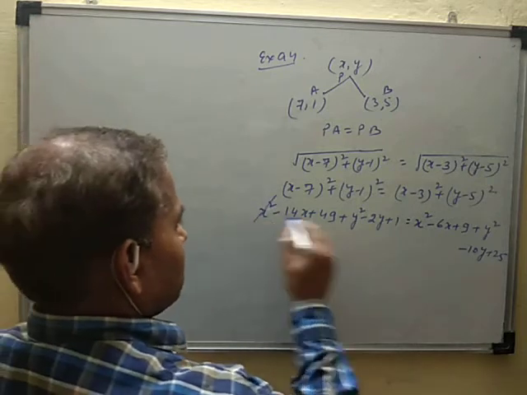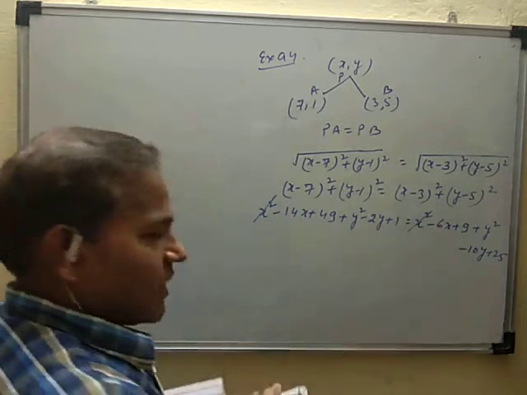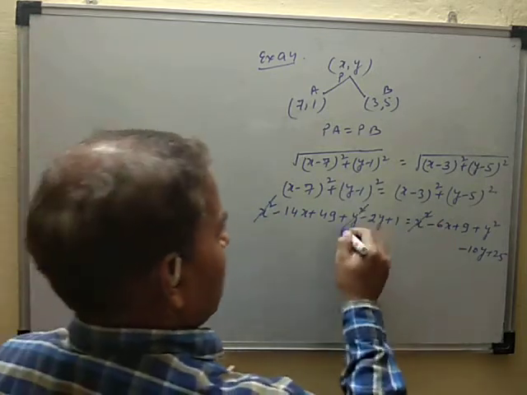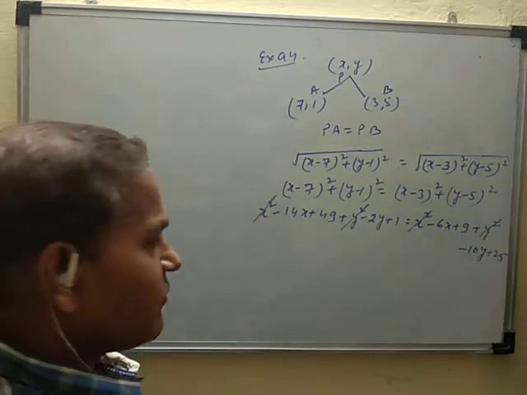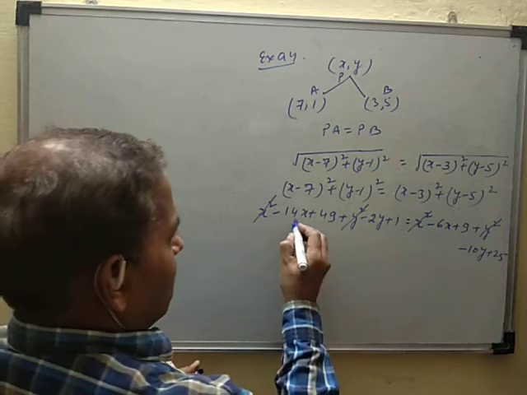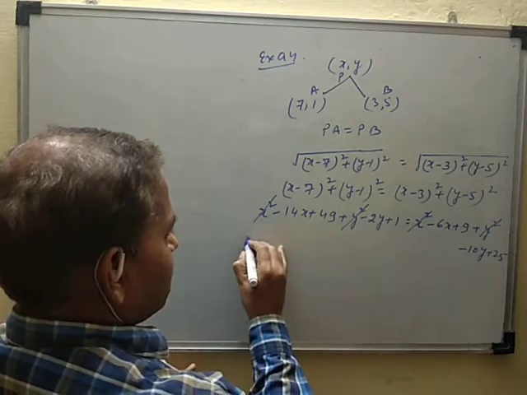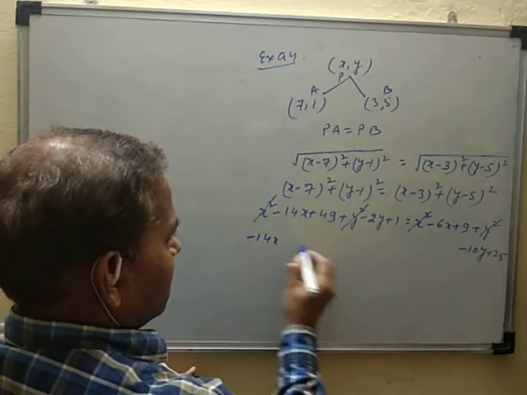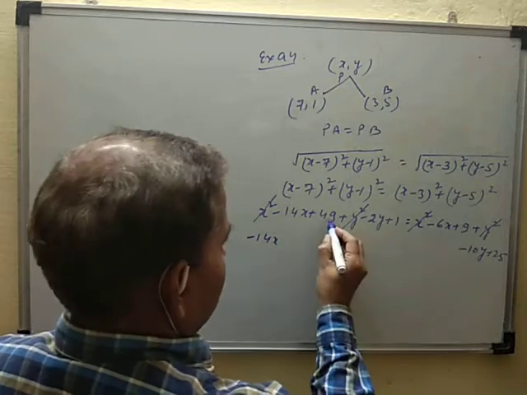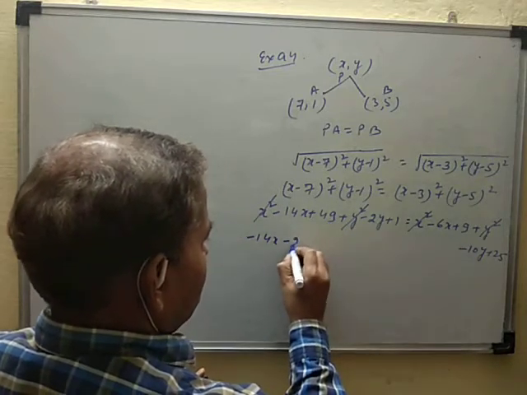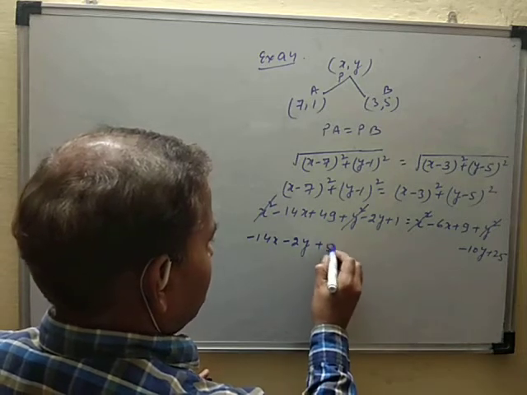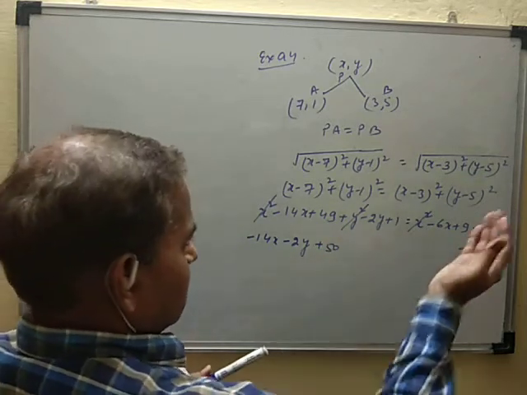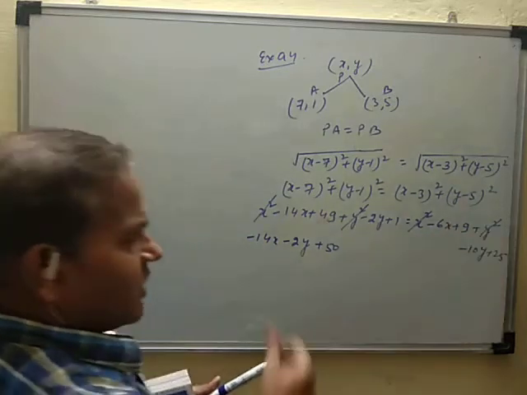Now x square on both sides cancels, and y square also cancels on both sides. Now simplify it. First write minus 14x, then minus 2y, then 49 plus 1 is 50. Take all these terms to the left side.